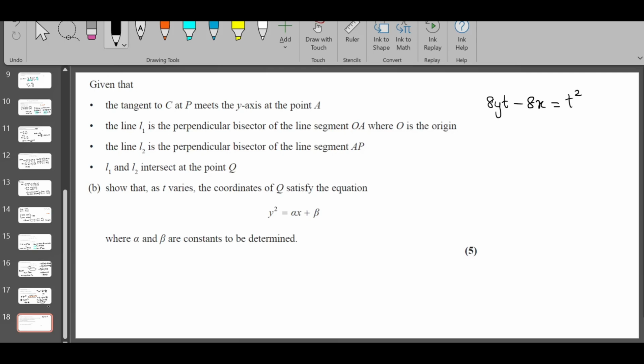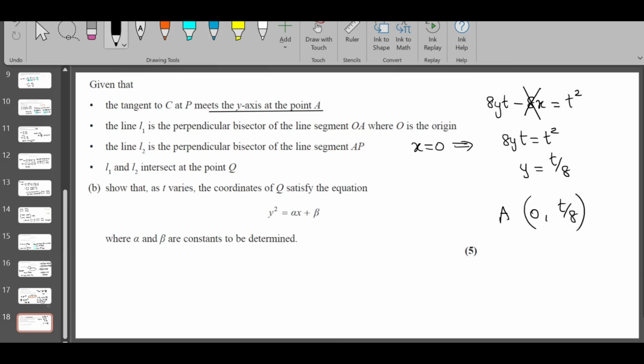This line meets the y-axis at point A. So to find point A, you need to replace x by 0. This becomes 0, 8yt is t square, so y is going to be t square over 8t, which is t over 8. So the point A is (0, t over 8). Okay, and then there are two lines L1 and L2.